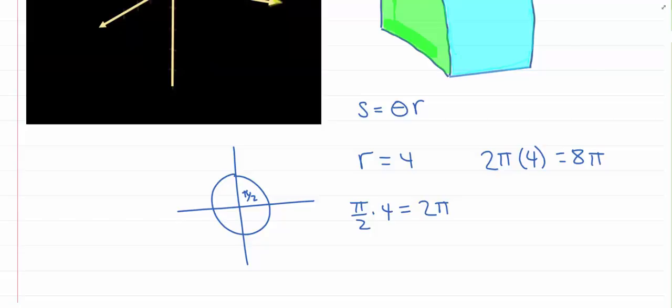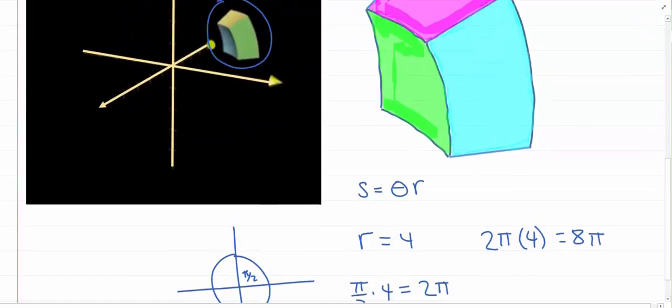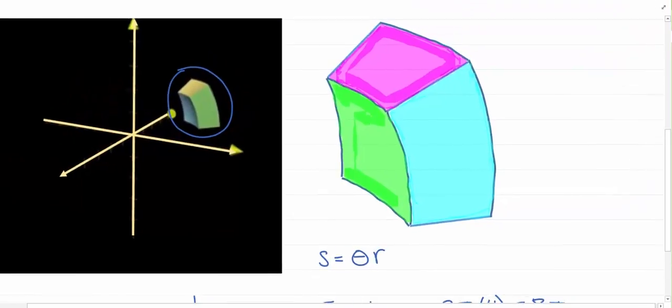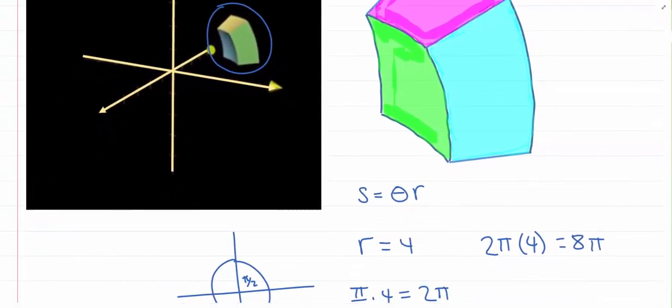Okay, so we want to keep that in mind here, because we need to think about what's going on with this sector, because what I want to do is approximate the volume of this sector. Now, if you think about the x-axis, and think about this arc length right here, this is the theta part.